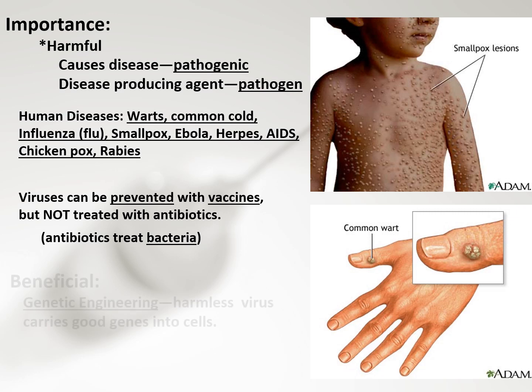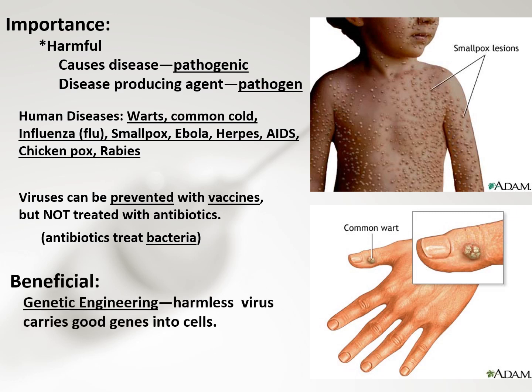Now, there are some beneficial parts to viruses. They're using genetic engineering and taking relatively harmless or mostly harmless viruses that carry good genes into cells. So they're trying to genetically engineer some cells by introducing a virus.